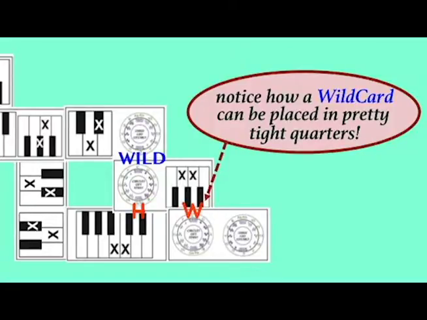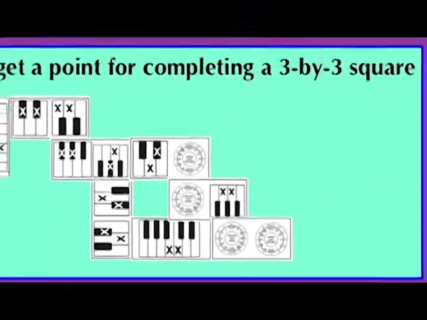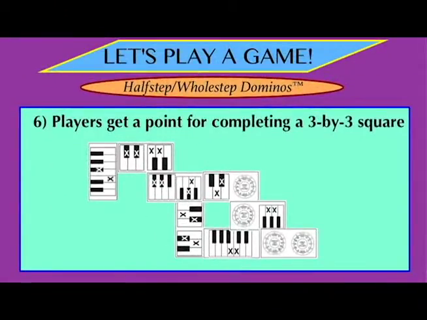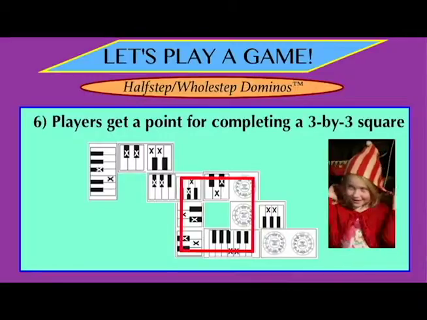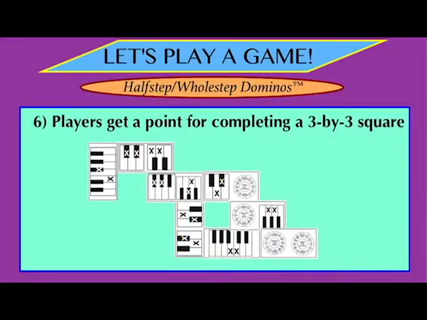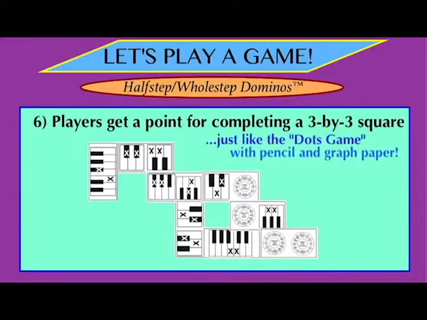But this is where you get the points. You get a point anytime you have 3 sides, 3 sides, 3 sides, 3 sides, making what shape? A square. Uh-huh. So there's a game that we used to play on road trips where you do little dots on the graph paper and you trade it back and forth and everybody gets to add a dot.